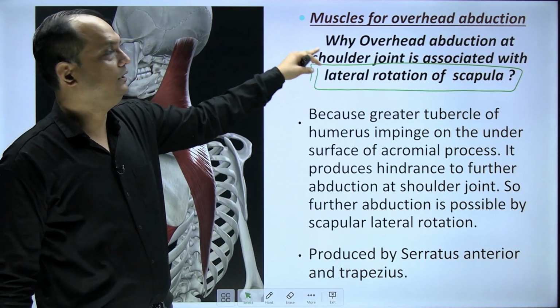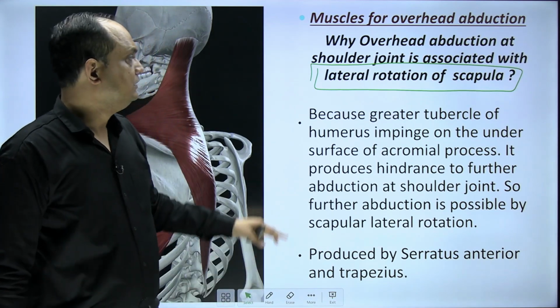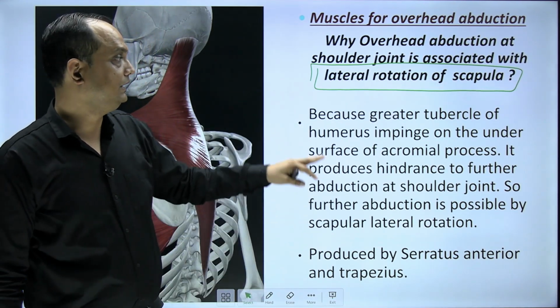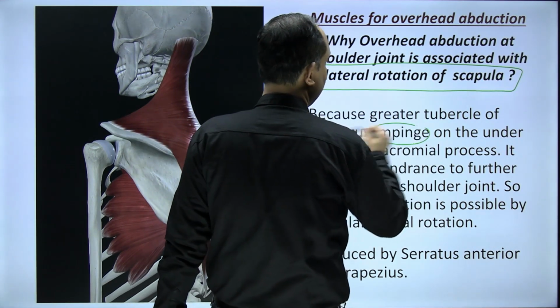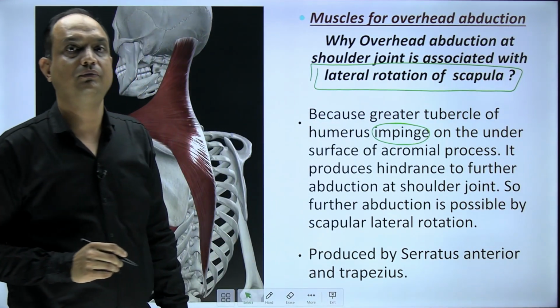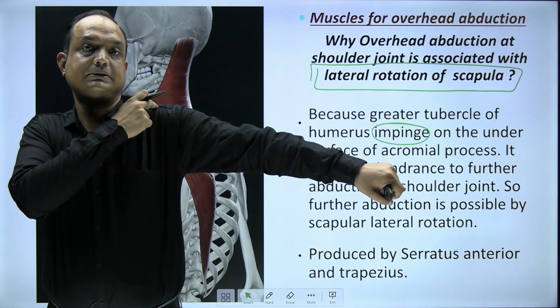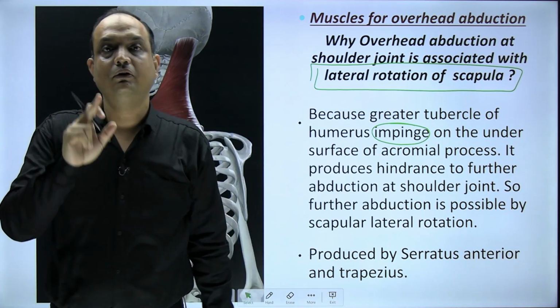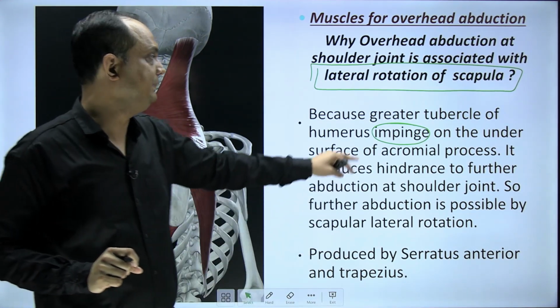So why in overhead abduction do you have this forward rotation of the scapula? Because when the greater tubercle of the humerus impinges, and this word is important. What is happening is that when you are doing abduction, your greater tubercle hits the lateral border of the acromion process, which is known as impinging.